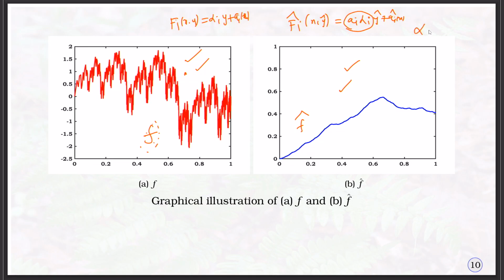Obviously, we know that the ai values are less than 1, and alpha is less than 1 and greater than minus 1. This ai comes from the Li of x, ai x plus bi.